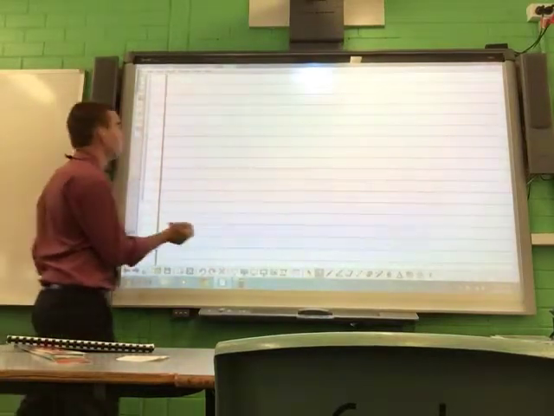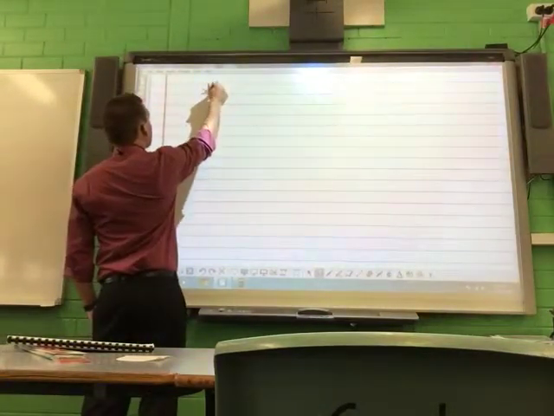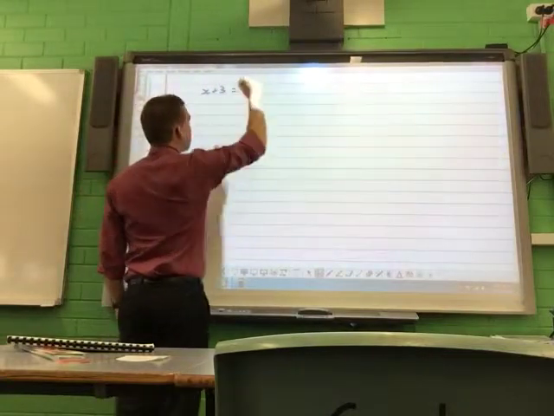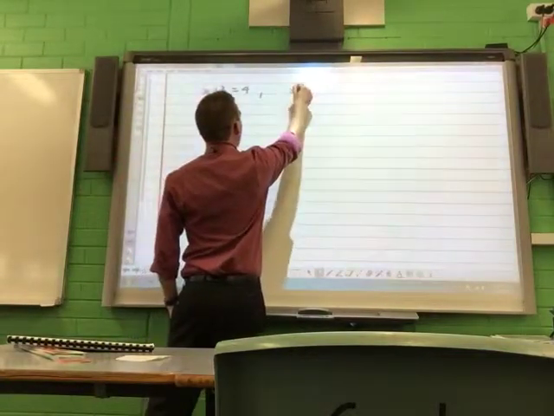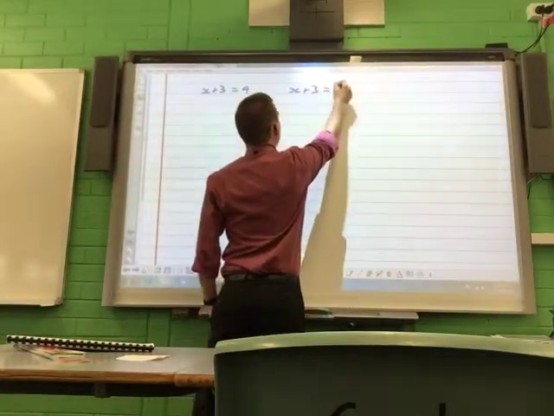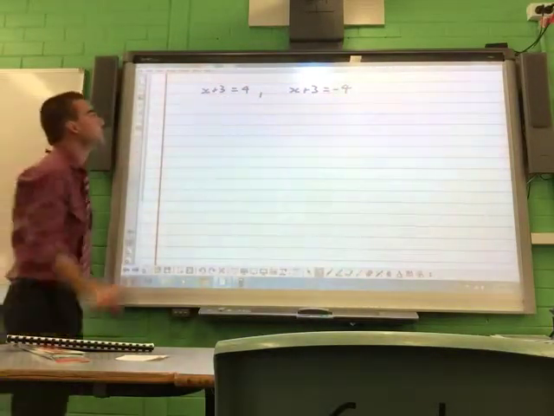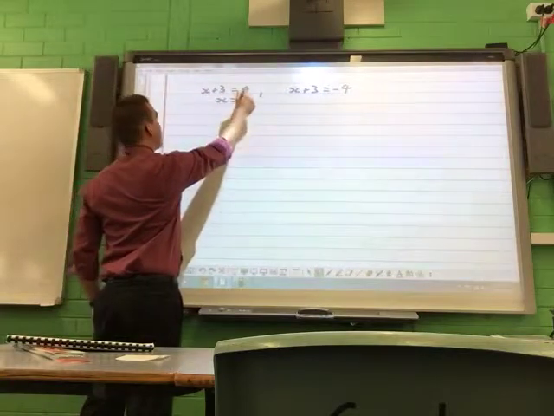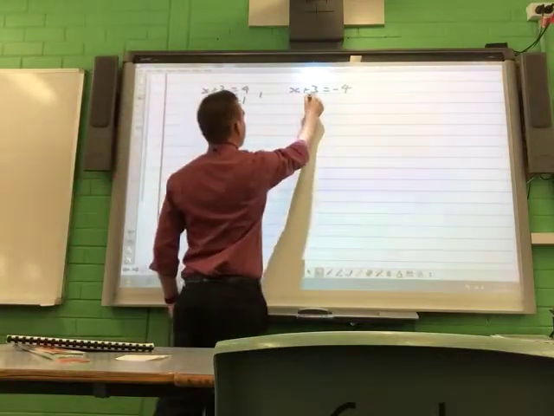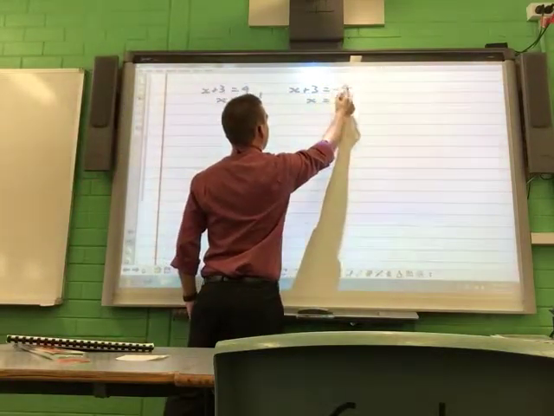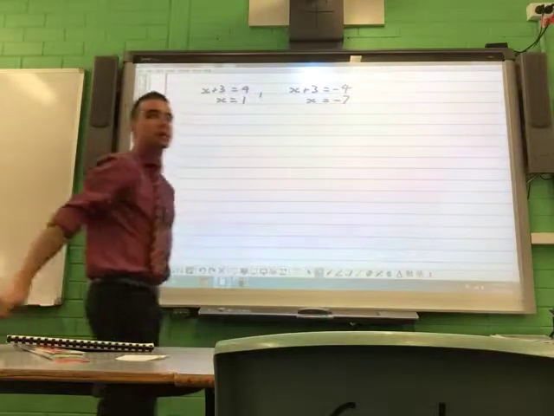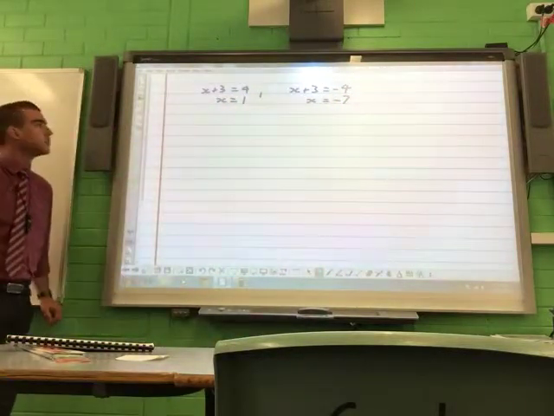So x plus 3 must equal the positive square root, which is 4. x plus 3 also can equal the negative component of negative 4. So x equals 4 take away 3. x equals negative 4 take away 3. There's our two possible solutions.